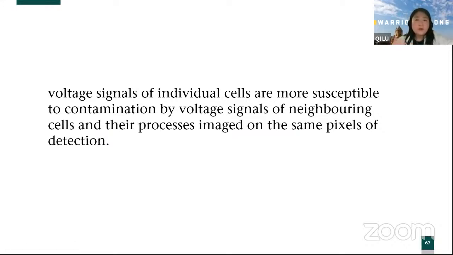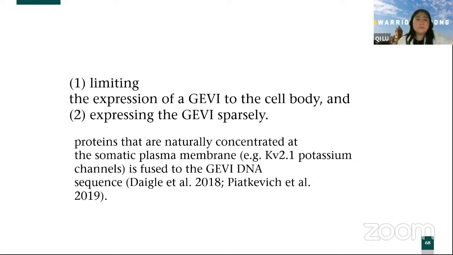Voltage signals from individual cells are more susceptible to contamination by voltage signals of neighbor cells and processes imaged on the same pixel of detection. So there are two approaches to improve the experiment. One is limiting expression to the cell body, using, for example, the Kv2.1 potassium channel targeting signal peptide that can locate to the soma, and expressing in cells sparsely and intensely.